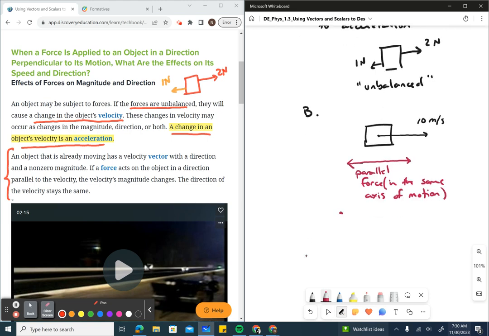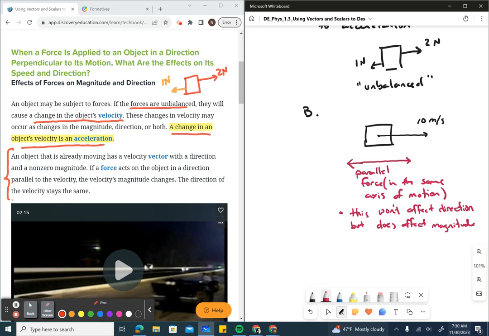Okay. This won't affect direction, but does affect the magnitude. If it's pushing to the right, it'll move faster.